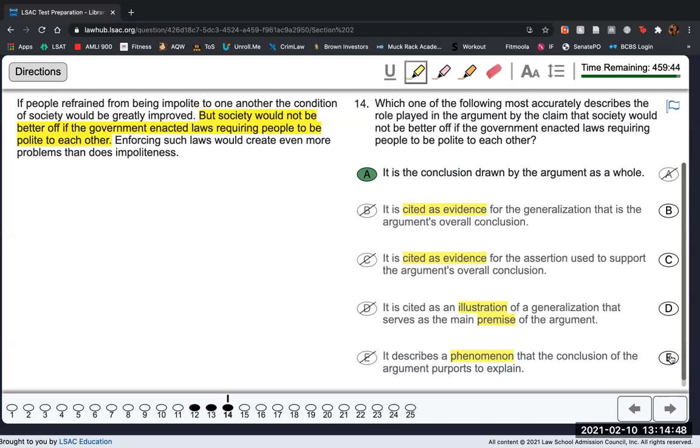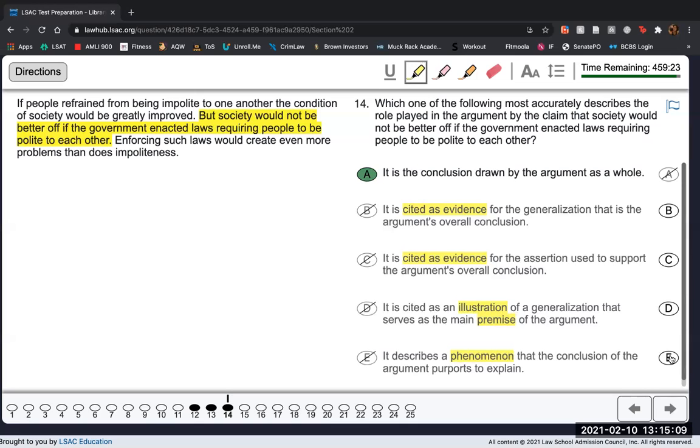If we looked at D, we might have a situation where everyone on Bloom Street is incredibly polite. That's the illustration of a generalization. The generalization would be everybody on the street is incredibly polite and helpful.